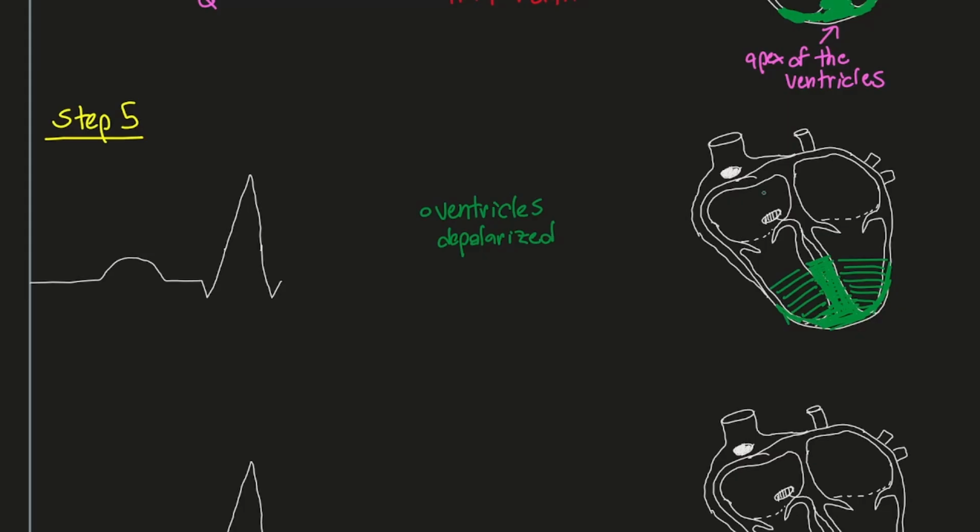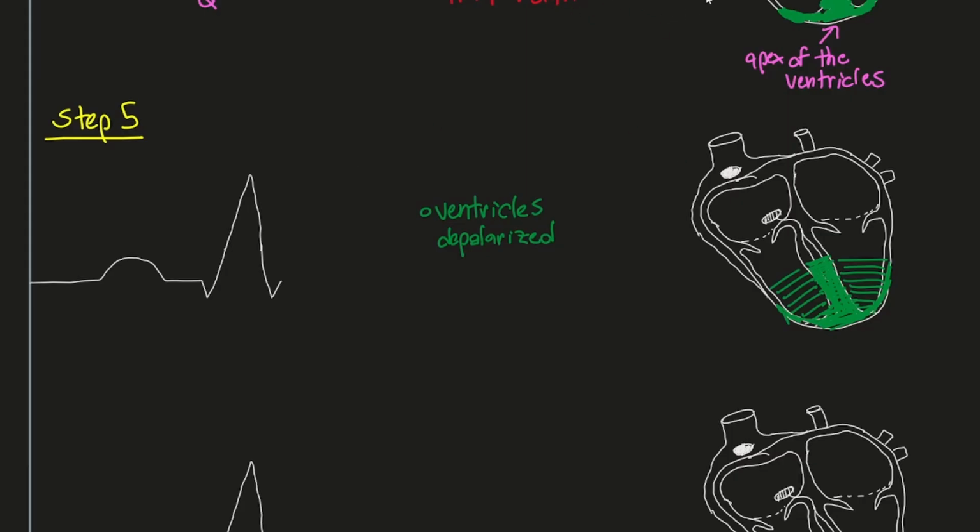Now the repolarization event in our atria is now done. Our atria are back to now resting. There's no more repolarization or depolarization in our atria. And the main point of step 5 is this ventricle depolarization. So now we can move over to our EKG.